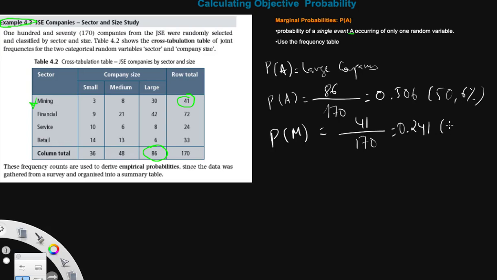Like I said, always put it in percentage. Then we have 24.1% chance of finding a mining company, like a random selected company that will be selected will be a mining one. So this is an example of a marginal probability. Let's move on now to our next one, which is joint probability.